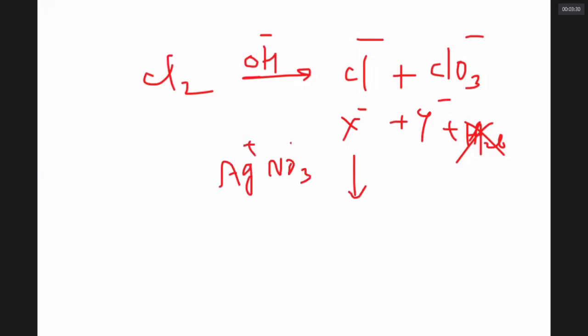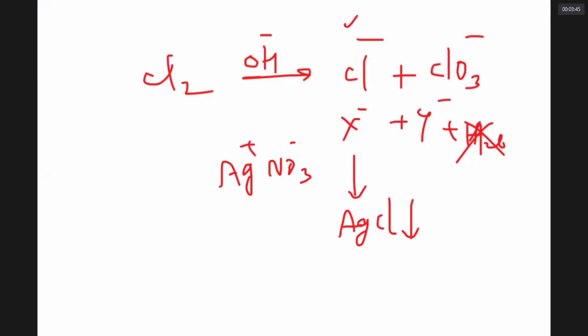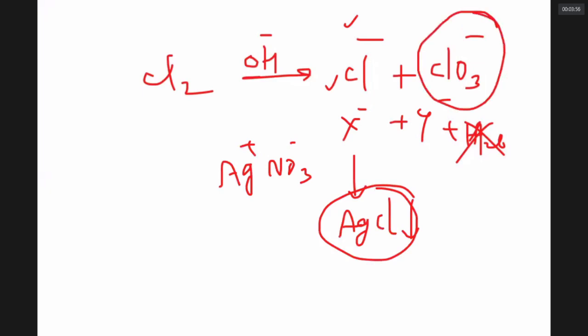If you add silver nitrate, it gives a white silver chloride precipitate. If you want to find whether a solution has chloride ions, simply add silver nitrate. If you get a white precipitate, automatically you can say it has chloride ions. So he is saying when the solution with X minus gives a white precipitate, it means there is chloride ion.